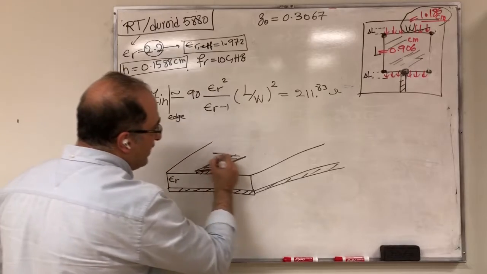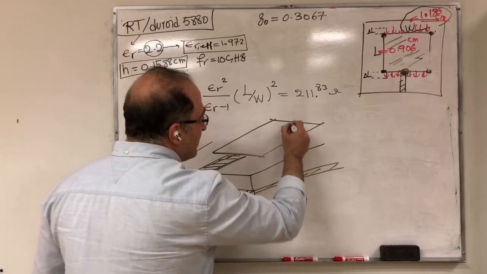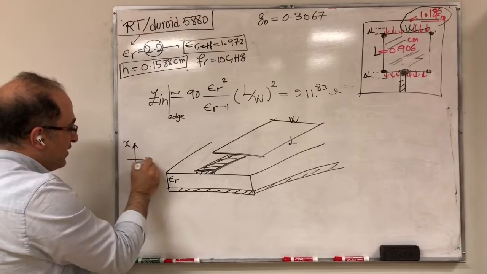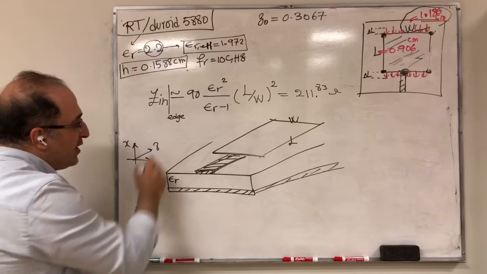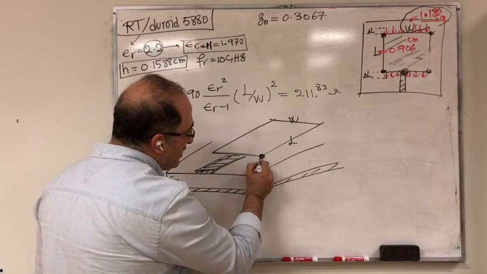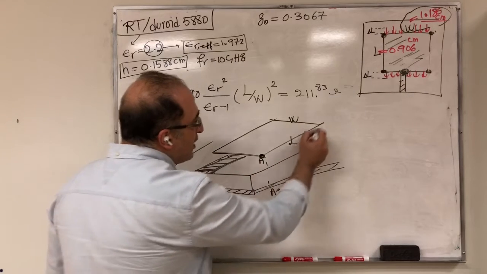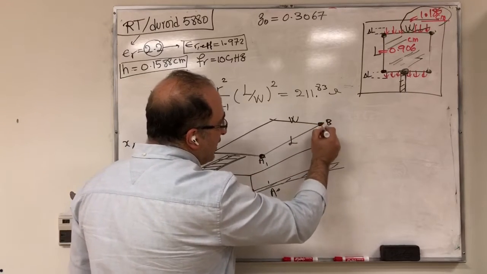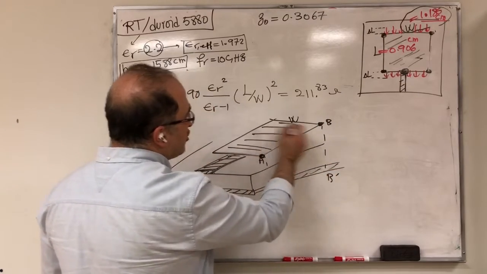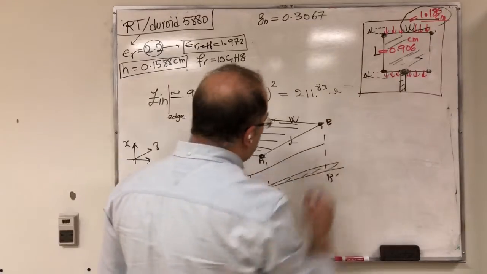Then it goes to a patch, and this patch has a length of L and W, and this was the coordinate that we assumed. Remember, in the previous lecture we called this A, and correspondingly this point was A prime. We called this B, and correspondingly this point was B prime. And this is your patch element.